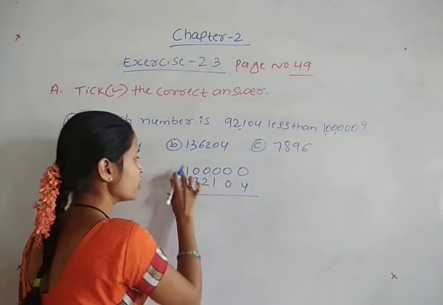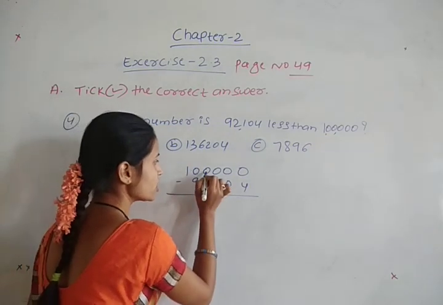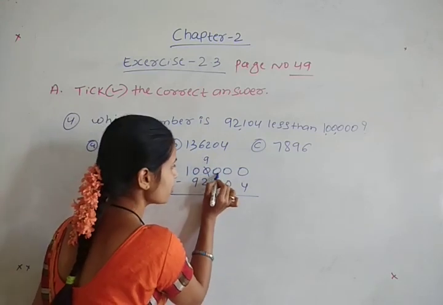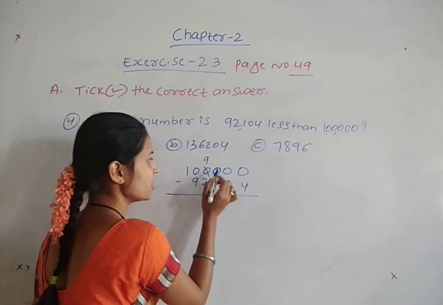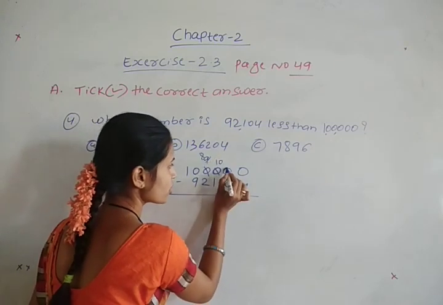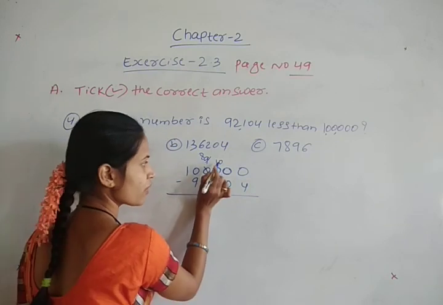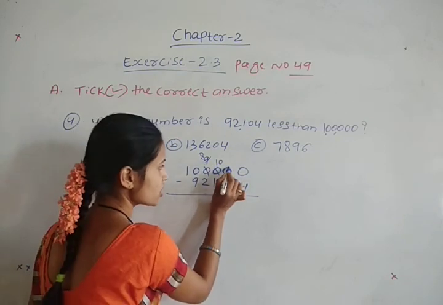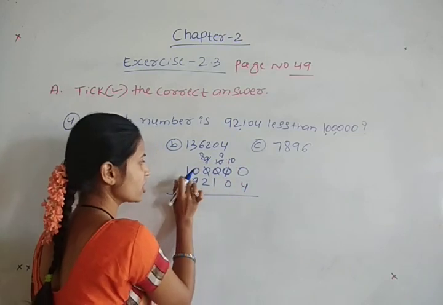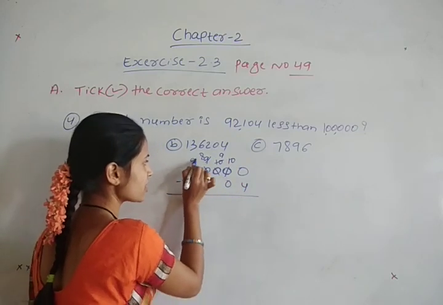Now I will take one borrow from this 10. Now this 0 becomes 9. Now I will take one borrow from this 9. Now this 0 becomes 10. Here we are left with 8. Now for this 0 I will take one borrow from its neighbor, that is 10. Now this 0 becomes 10. Here we are left with 9. After giving one borrow, this 10 becomes 9 only.